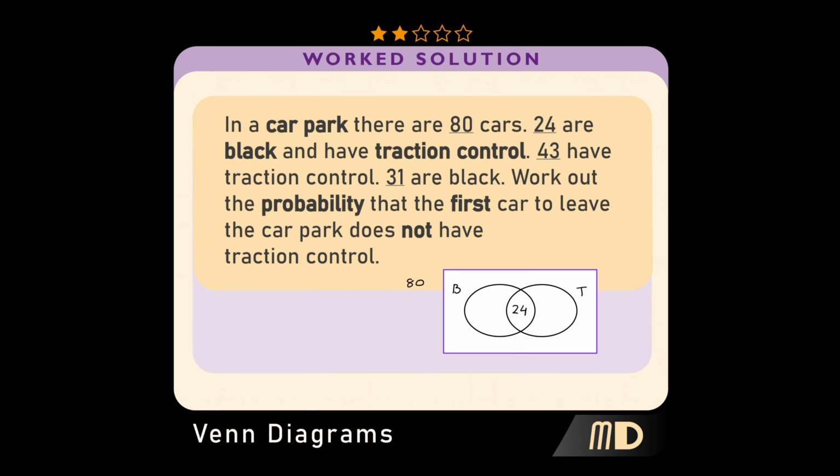And given that 24 of those cars are already represented on the Venn diagram, we need to subtract 24 from 43. And 43 minus 24 is 19. So we need to write 19 in the region representing cars that have traction control but aren't black.